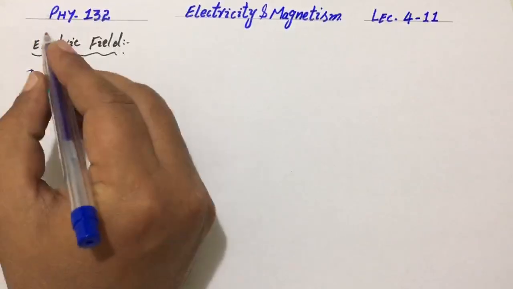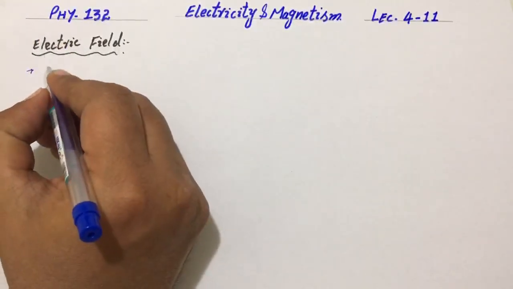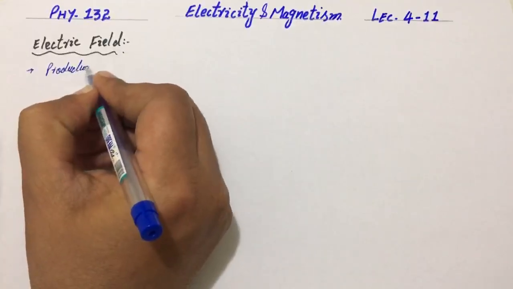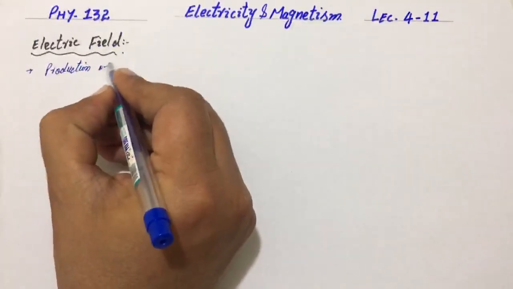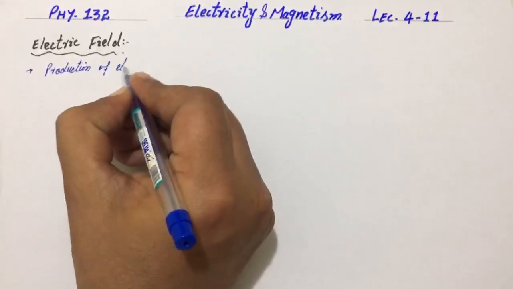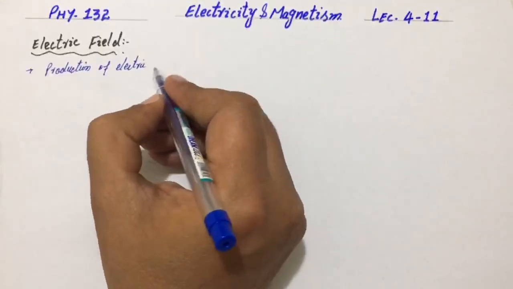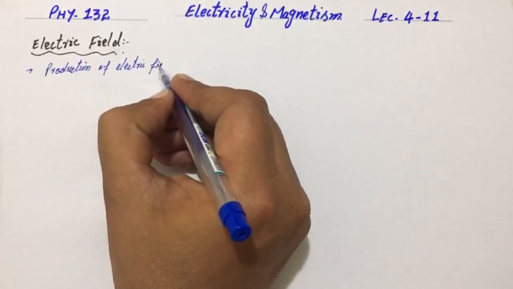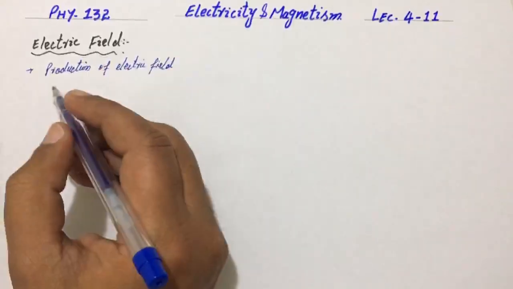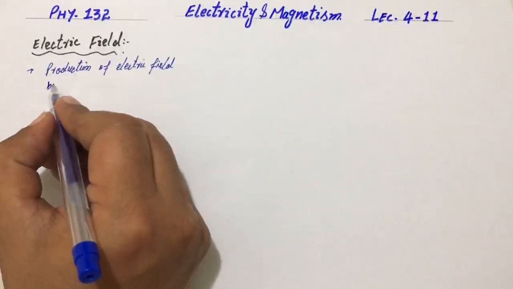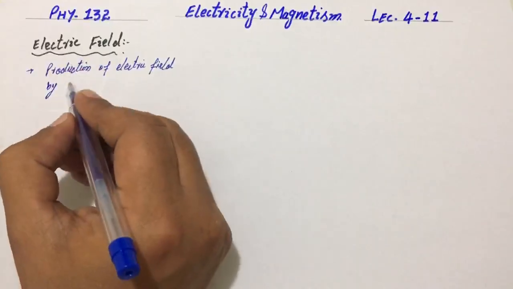The first thing was the production of electric field by a distribution of charge.